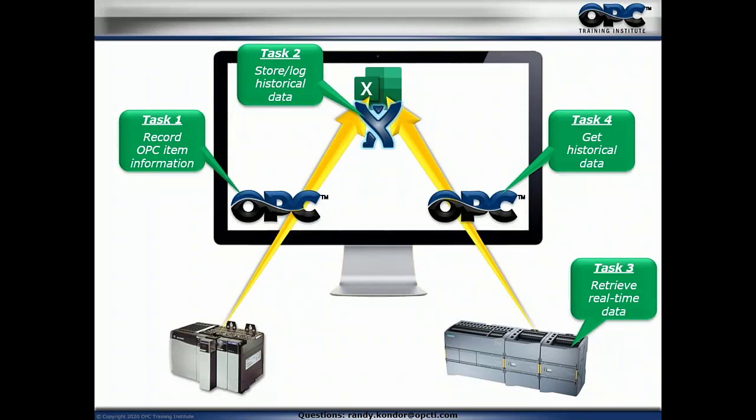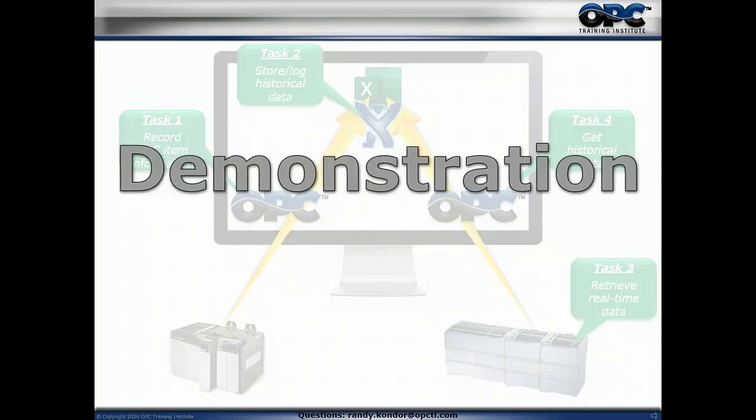You can read, you can write, and we can get the historical values. Those historical values will go to any historian. So if you've got your data in a historian like Pi, or like Info Plus 21, or PHD, or in SQL, or whatever historian you have, you'll be able to get the data out with OPC Expert.